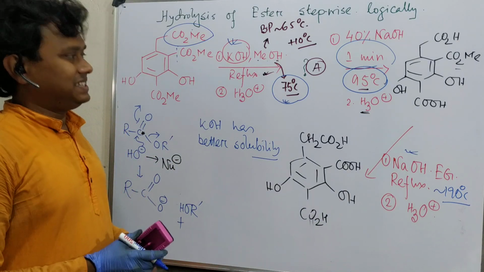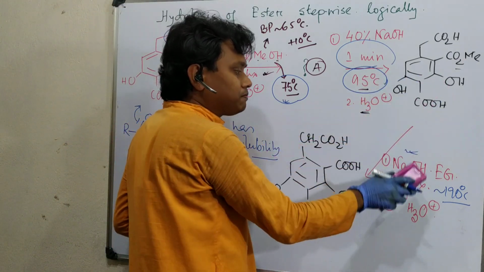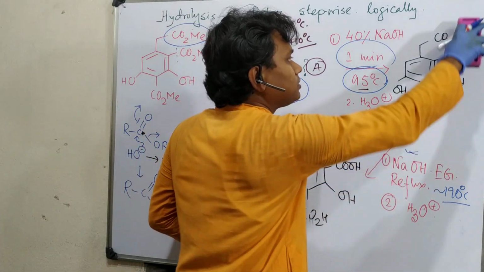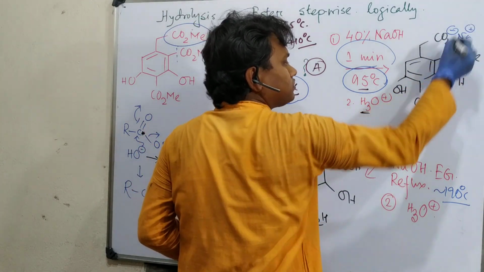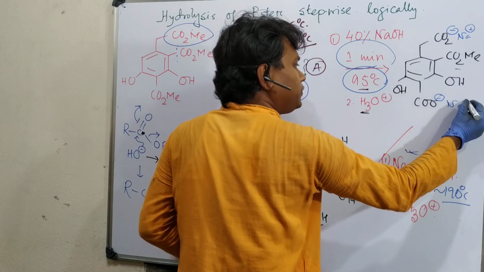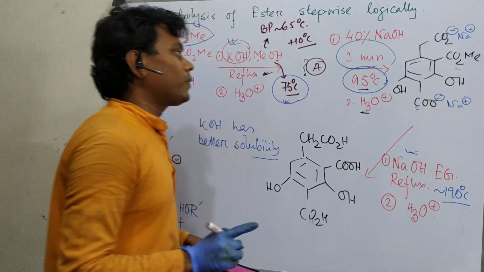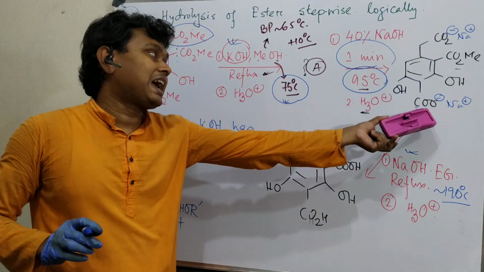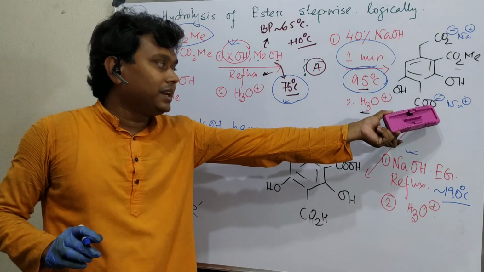Why? See, the reason is, when you take this reagent and put it under this condition, the first thing that will occur is that these will be converted into sodium salt. Fine. So if it is now a sodium salt, is it that much withdrawing? Because we know carboxylic esters are withdrawing, but if it is a carboxylate anion, then it is not withdrawing, because it already has a negative charge.